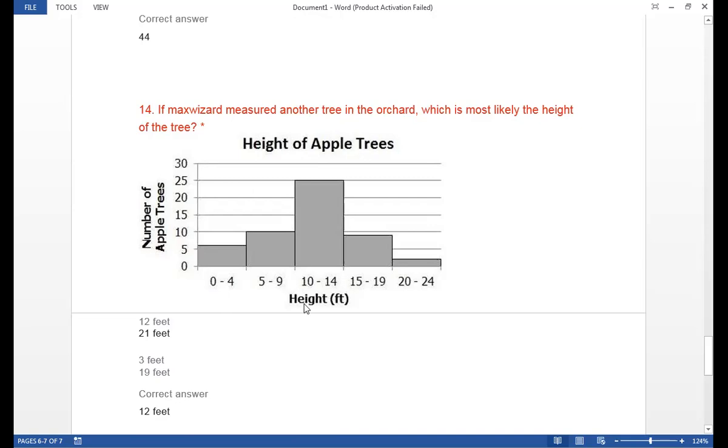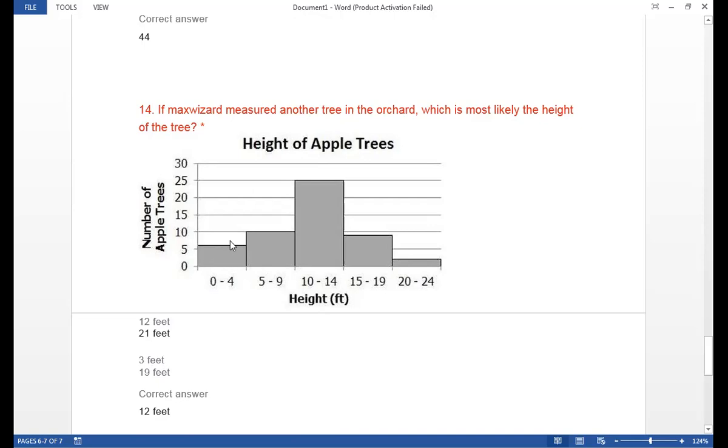21 is wrong because if you pick 21, it falls in one of these classes, but you can see the number of trees here is not even up to 3. So there are few of them. If you measure any random tree, it is not likely to be this. If you pick 3 feet, the number of trees there are just 6 of them.